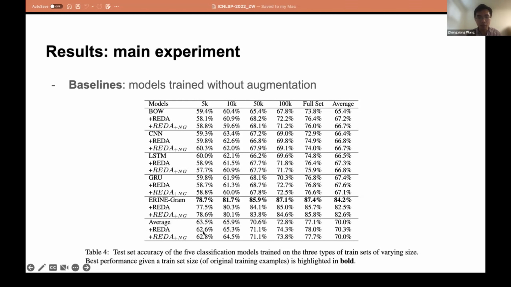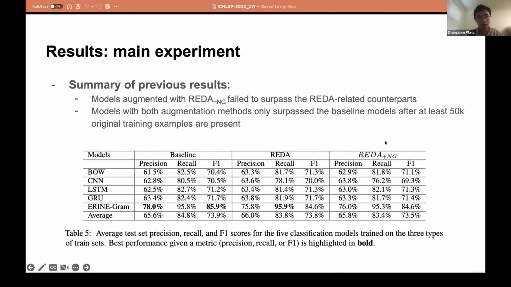And there appears to be no difference, or even slightly negative effects, for models trained on data with n-gram augmentation. So here's the summary: models augmented with REDA failed to surpass baseline, models enhanced by the n-gram model failed to surpass their REDA counterparts, and models with both augmentation methods only surpass the baseline models when enough examples are seen.